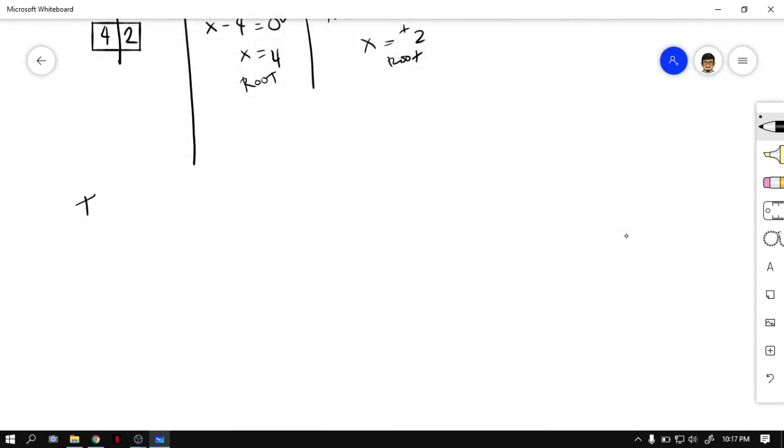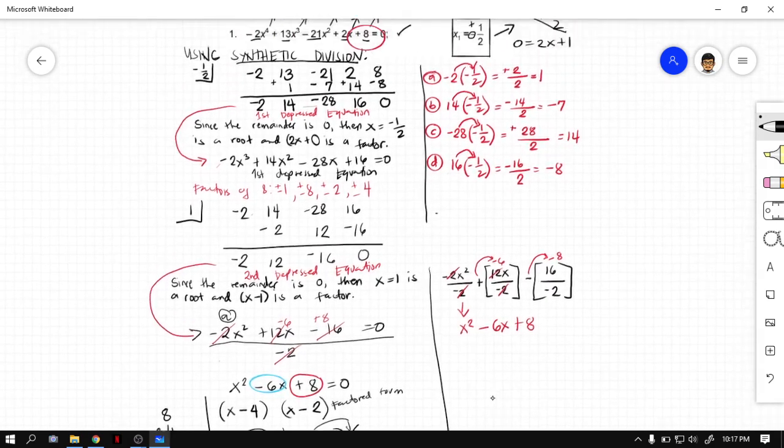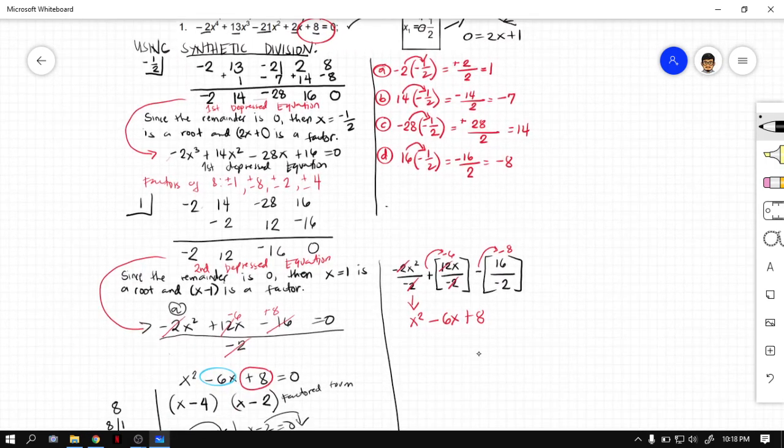So, therefore, the roots of the equation, ano yung equation natin? Copy natin sa taas.